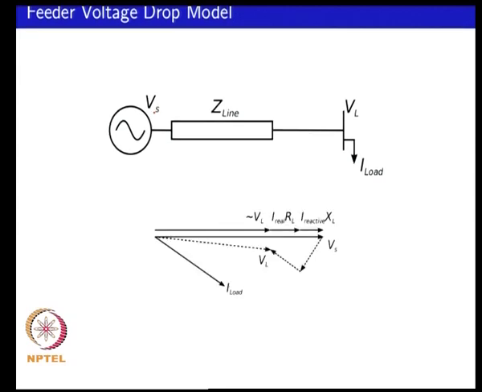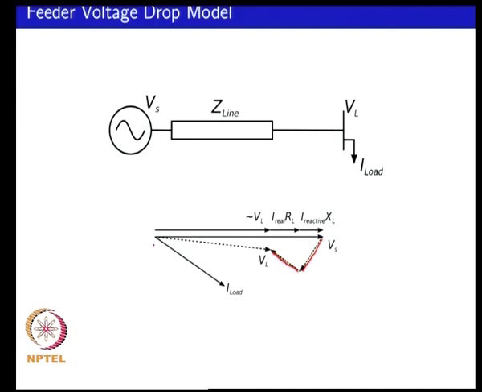So, what you do is a phasor analysis. You have your source voltage Vs, you have your current I load lagging at some angle theta with respect to your source voltage. Then you can have a drop term corresponding to your resistance and a drop term corresponding to your reactance, and then find out the amplitude of your load voltage phasor.